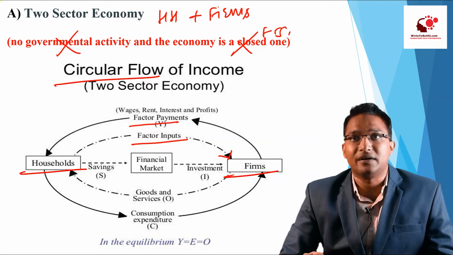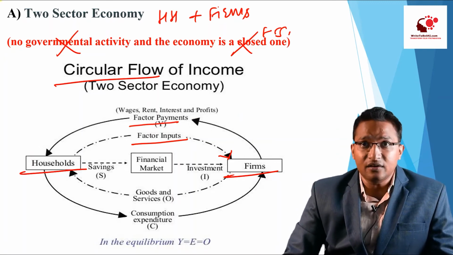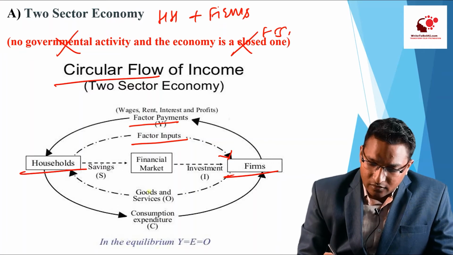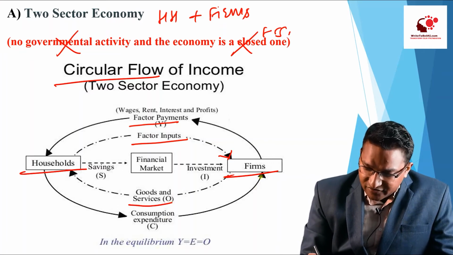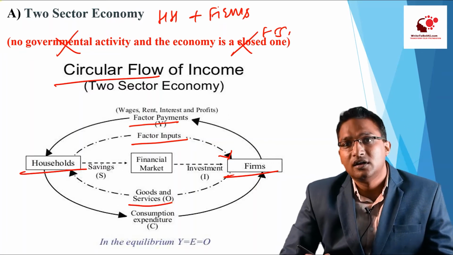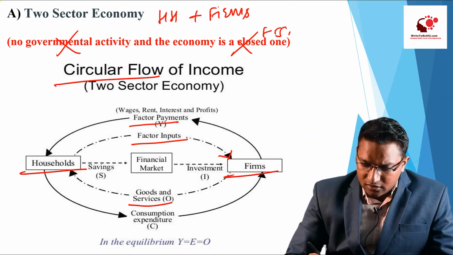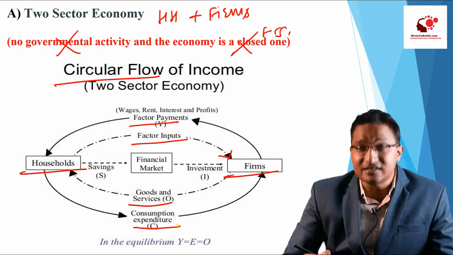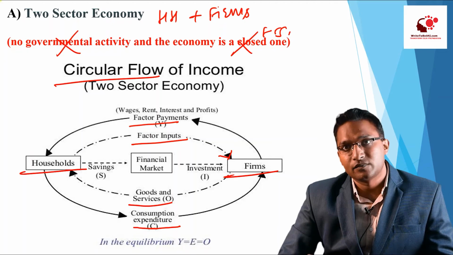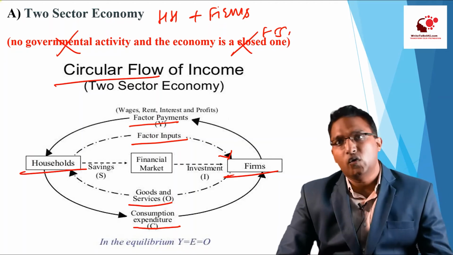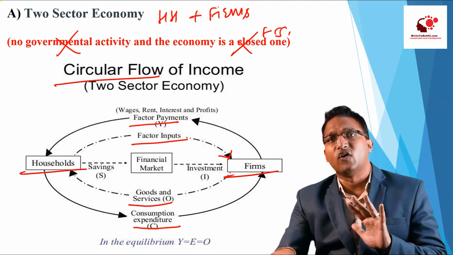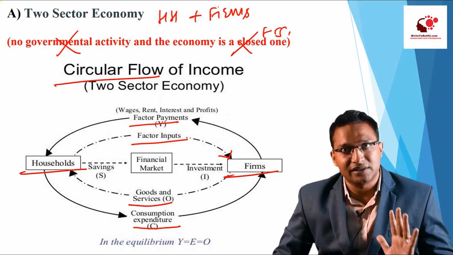So this is the factor payment. Similarly here in the bottom, the goods and services are being supplied by the firm to the household and in return these households are expending some money, right? Now this is the circular flow of income we have already seen, nothing new here.